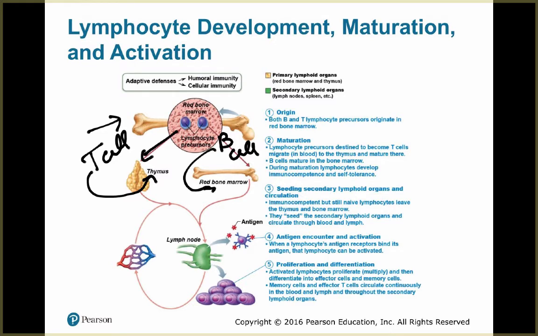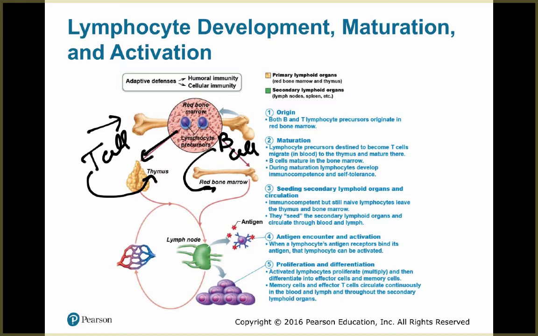During maturation, lymphocytes develop immunocompetency and self-tolerance. Immunocompetency is the idea that lymphocytes can recognize only one specific antigen, right?